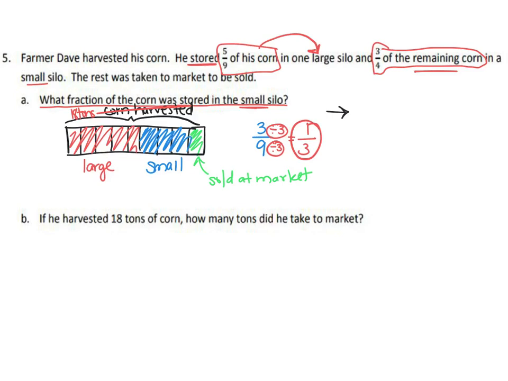So we need to look at it and say, there's 9 parts here. If I split 18 into 9 parts, it would be 2, 2. So we have 2, 4, 6, 8, 10, 12, 14, 16, 18. Because we took 18 and divided it by 9 parts.